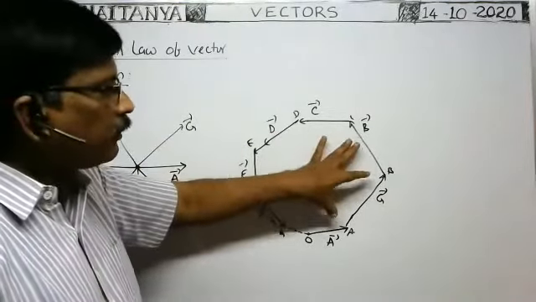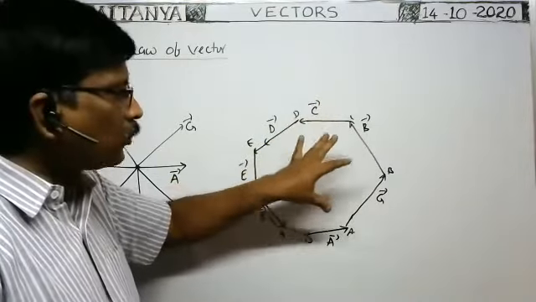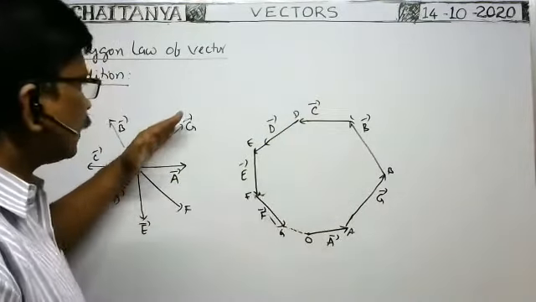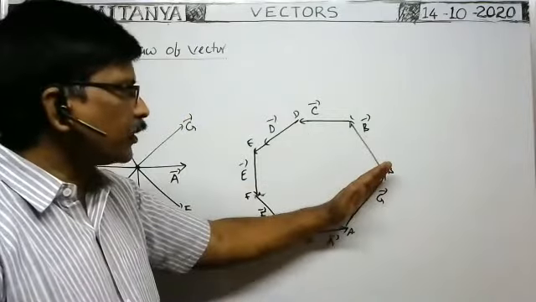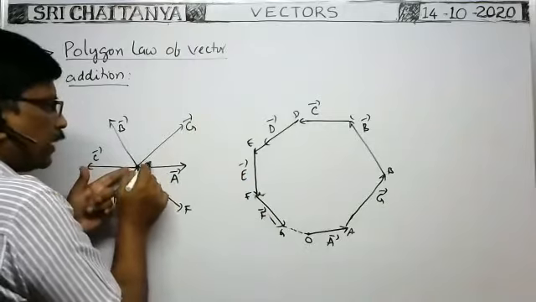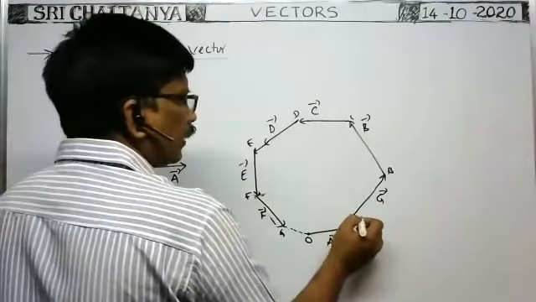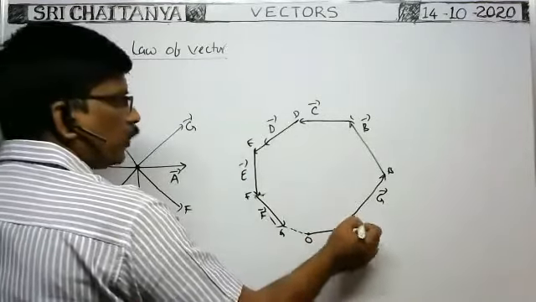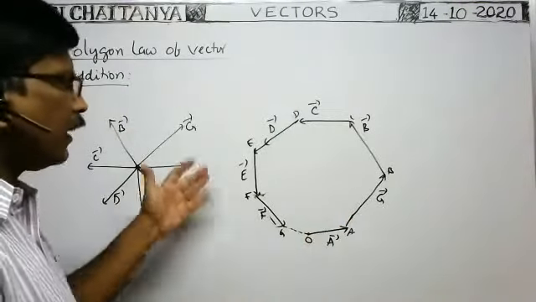These sides are represented with the given vectors both in magnitude and direction, which means whatever the direction of this one, G bar has the same direction and the same magnitude. With A bar, if it makes an angle of 30 degrees, here also it makes 30 degrees. If it is 45, here also it makes 45. Like that, all the sides are taken.